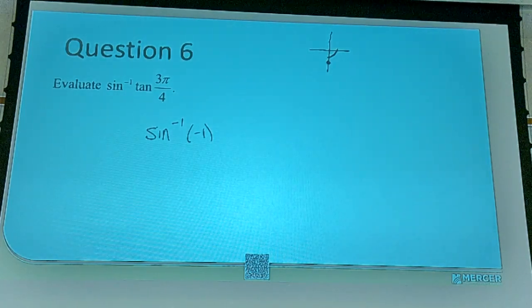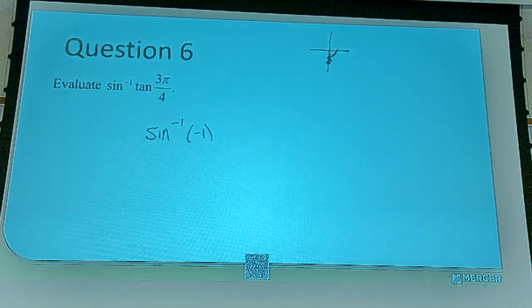True, but remember we also have a direction. So when you measure clockwise, the angle is negative 90.